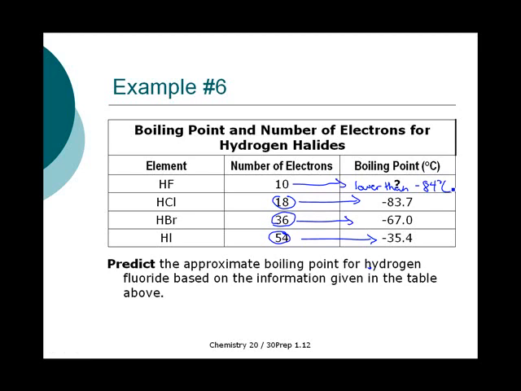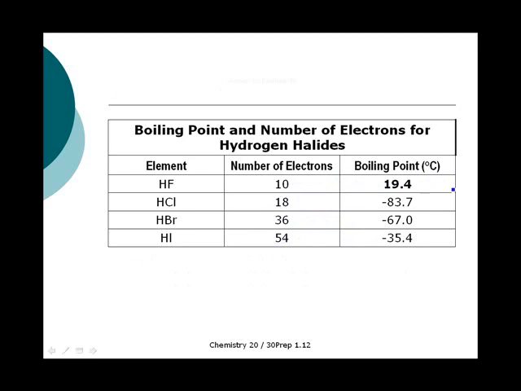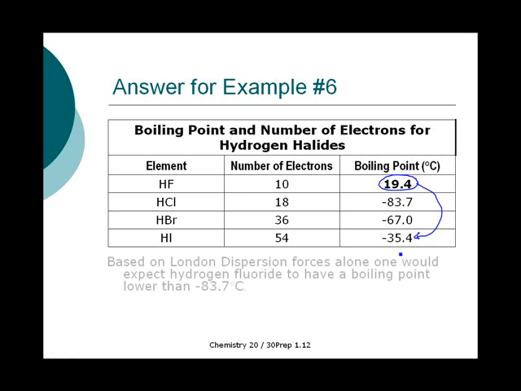And so since we're just changing the number of electrons, the boiling point of hydrogen fluoride should be much lower. But if we check, it's actually much, much higher. It takes more energy to boil hydrogen fluoride than it does to boil hydrogen iodide. And the reason is we forgot to check our other forces.